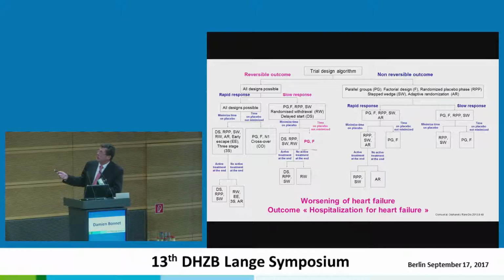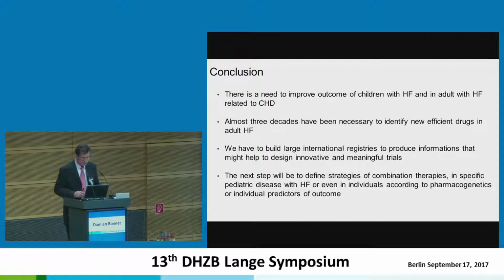If you don't care about the time on placebo, then you can go in this direction, and you should do this type of trial, so it's a parallel group or factorial design. But if you have other criteria, then you can have other designs, for example, withdrawal. You withdraw a drug, and that may also be possible in pediatric heart failure.